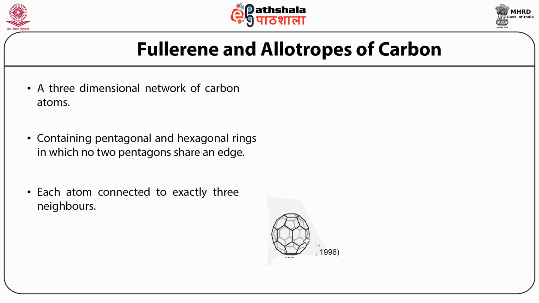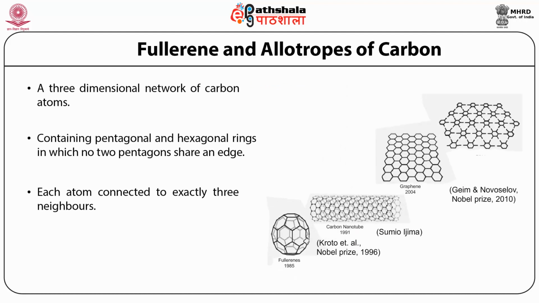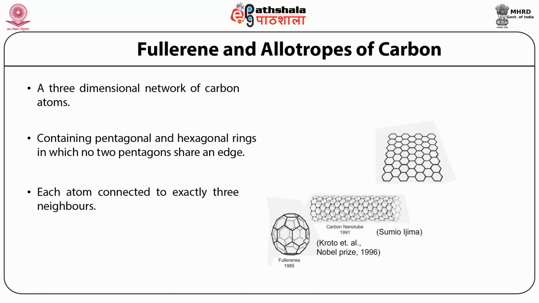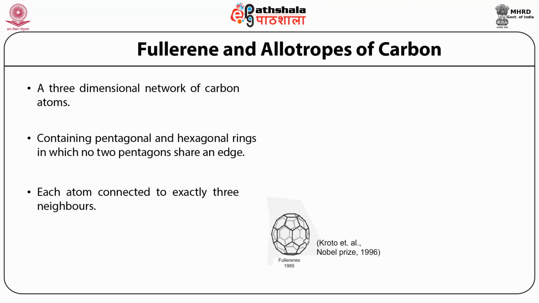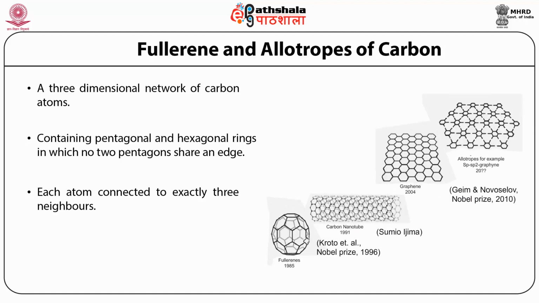So let us talk about the roadmap of fullerene and its allotropes, especially in nano dimension. As I told you, fullerene got attention in 1985, and after their discovery, three scientists, Curl, Kroto and Smalley, got the Nobel Prize in 1996.